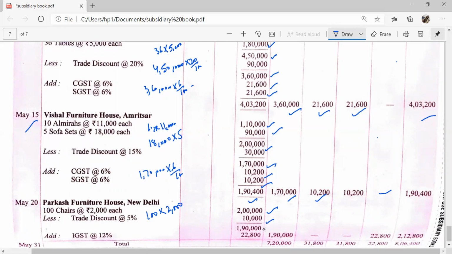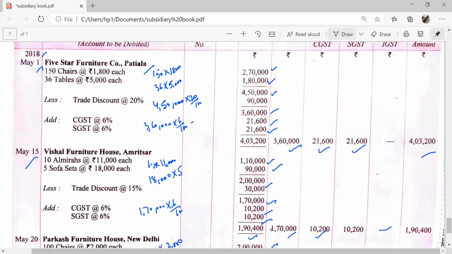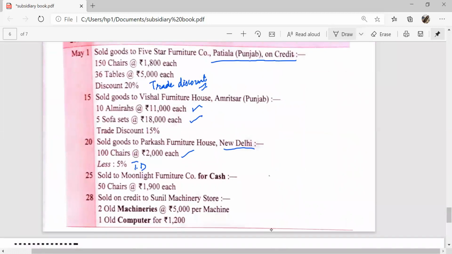Then net sales 1,90,000. These goods are sold to Prakash Furniture House, New Delhi, which means outside the state.